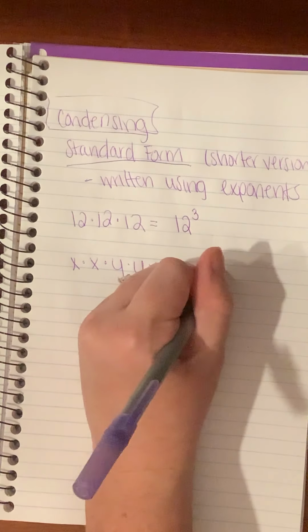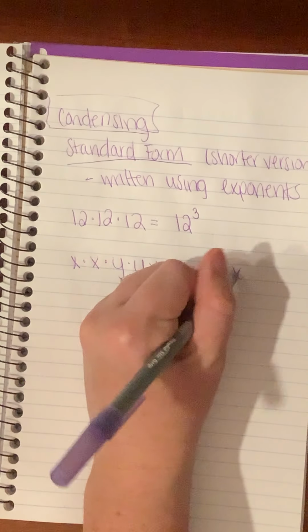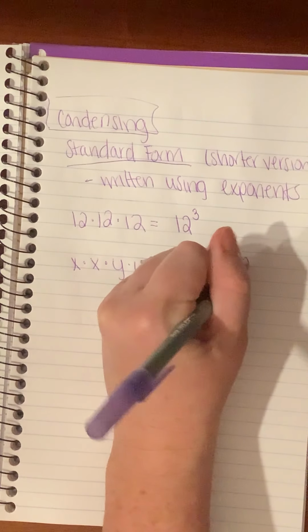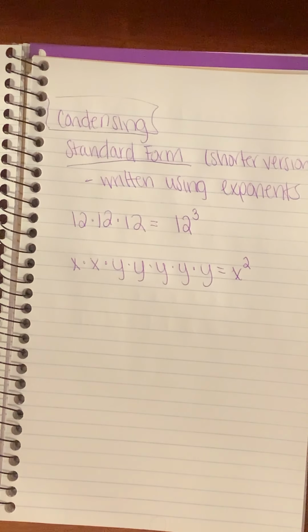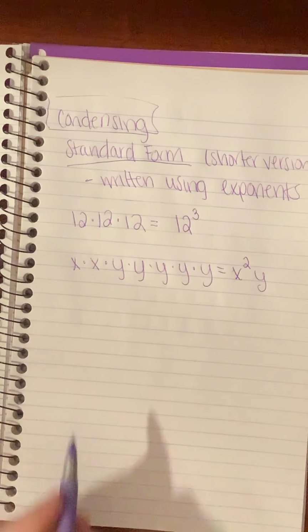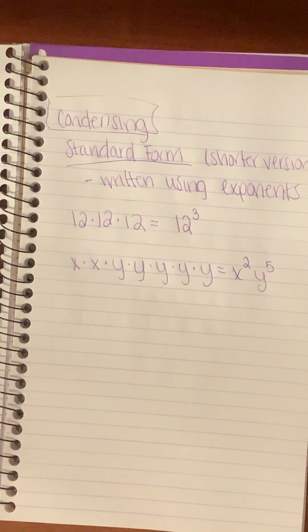Okay, let's start with my bases. I have x, and I see 1, 2 of them. So x to the second power. Okay, the next base I see is y. So now I have y, and I need to count them on up. 1, 2, 3, 4, 5. Y to the fifth power.